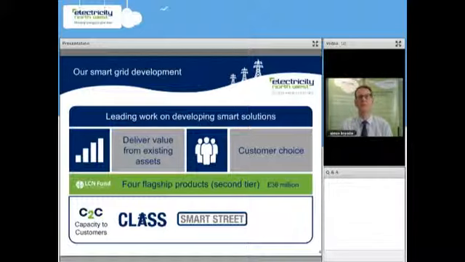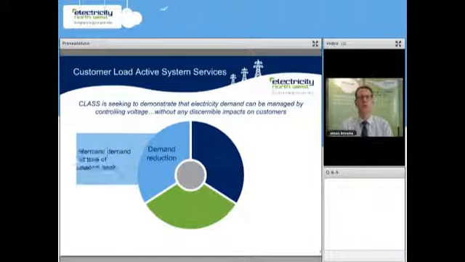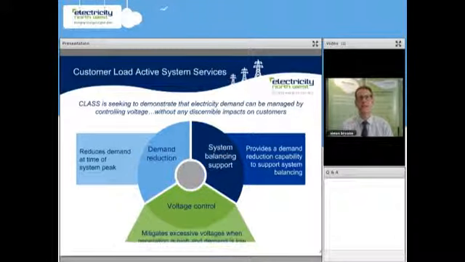Okay, so just as a reminder of what the Class project is all about, Class is to try and demonstrate the relationship between voltage and demand. We all know that if you are able to vary the voltage, you are able to vary demand. What we don't know is by how much.